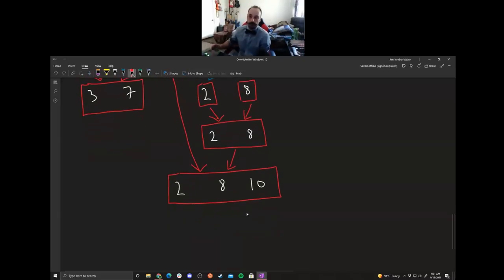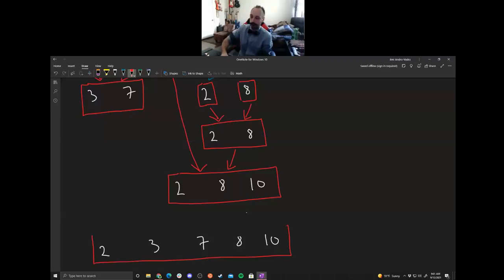We can do that because merging is a pretty fast operation. So we'll have 2, 3, 7, 8, and 10.